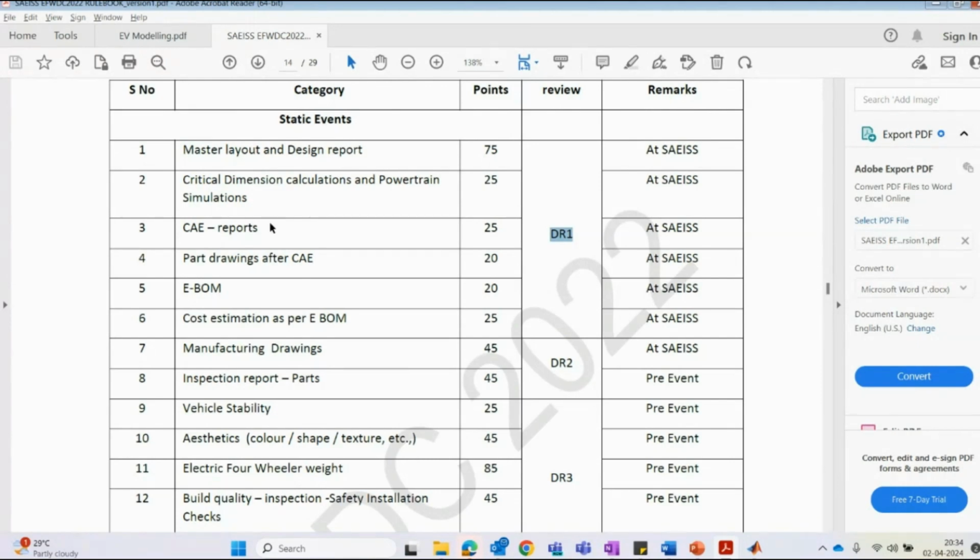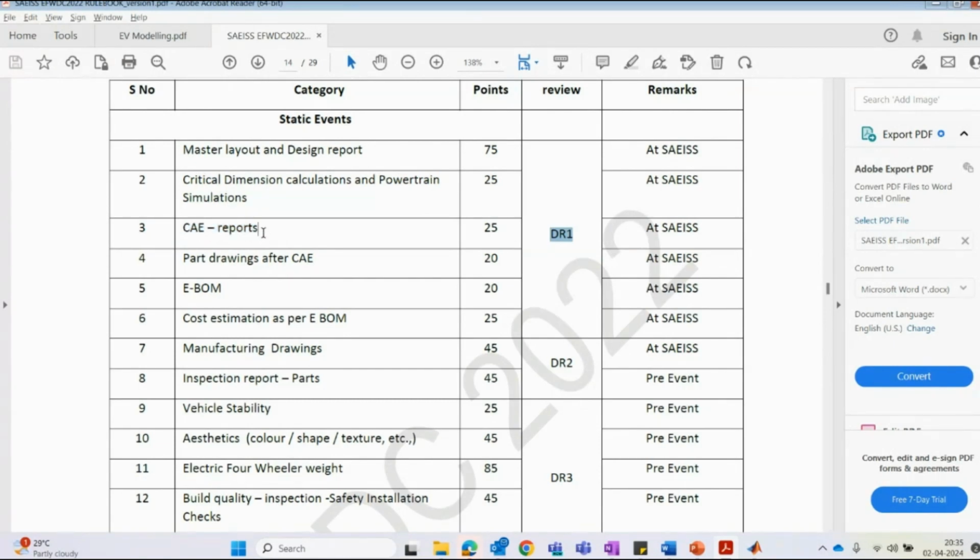And then CAE reports: the CAE report of your chassis, and the components listed here for which you have to submit CAE reports. Use the CAE simulation tool available at your laboratory. But what do we want to see here?